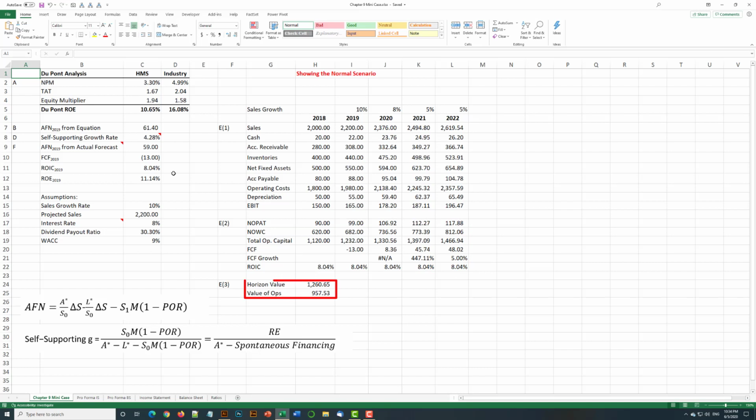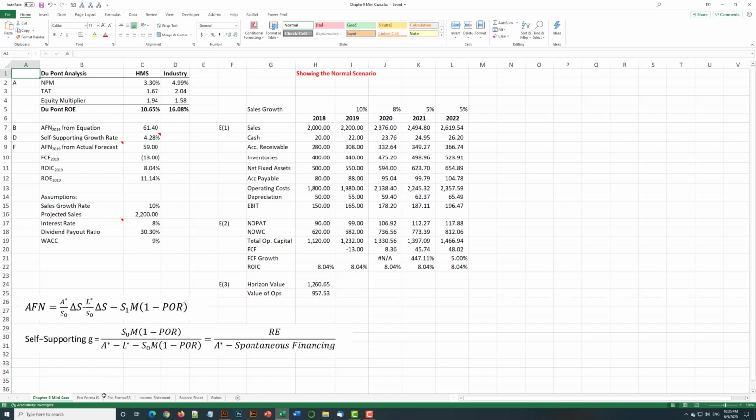And then below that, you can see where I've calculated the horizon value. That's at 2022. That's what the company would be worth at that point in time. And then right below that, where it says value of ops, that's the value of operations at the end of 2018. So that's the present value of all the future free cash flows.